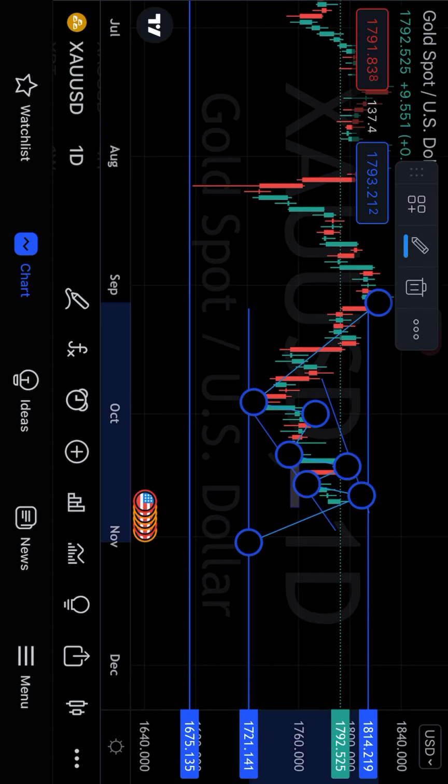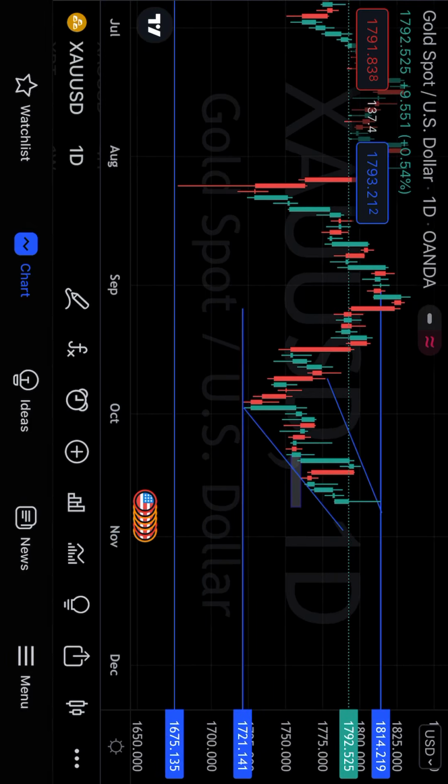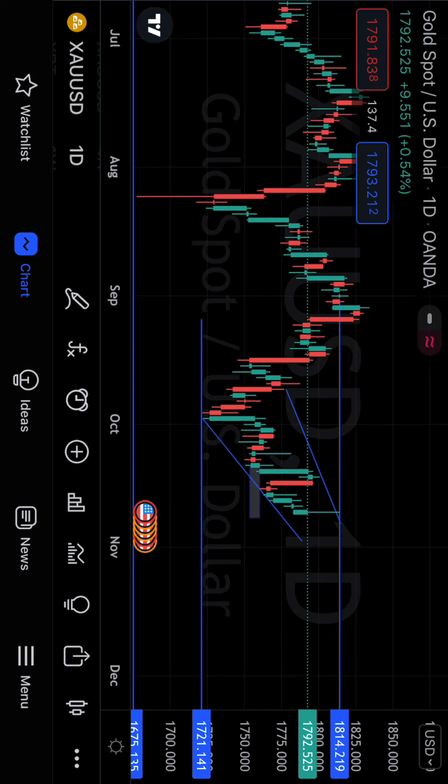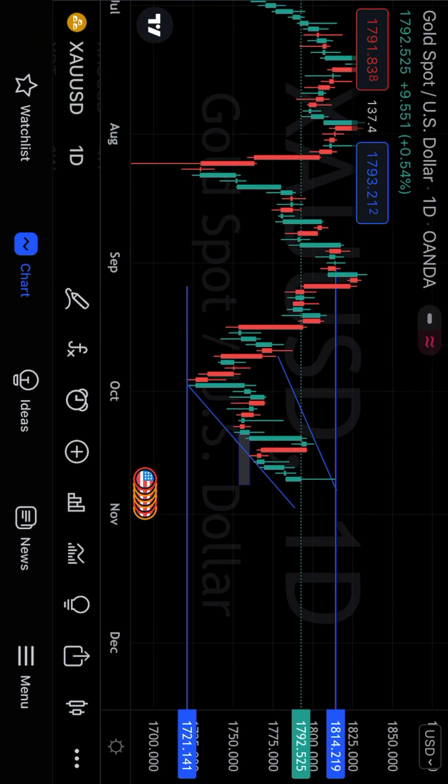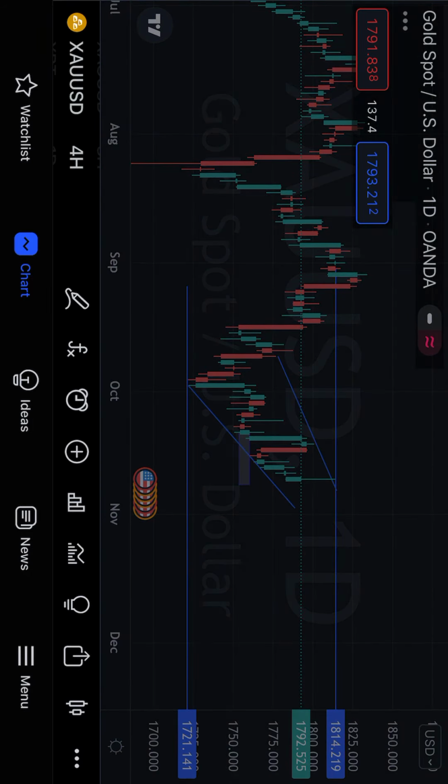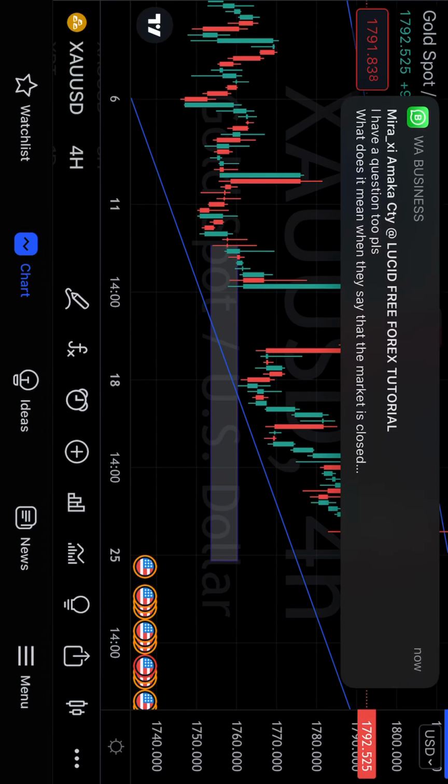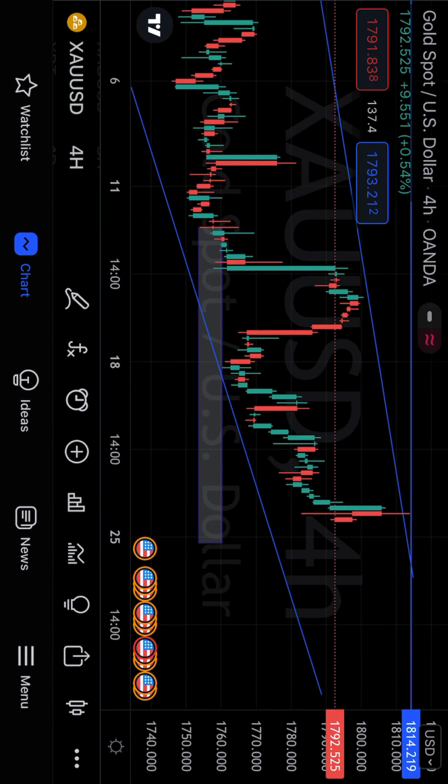So what else do we need? We've confirmed the liquidity area. Then on the 4 hours, so to get our entry now, what do we need to do?